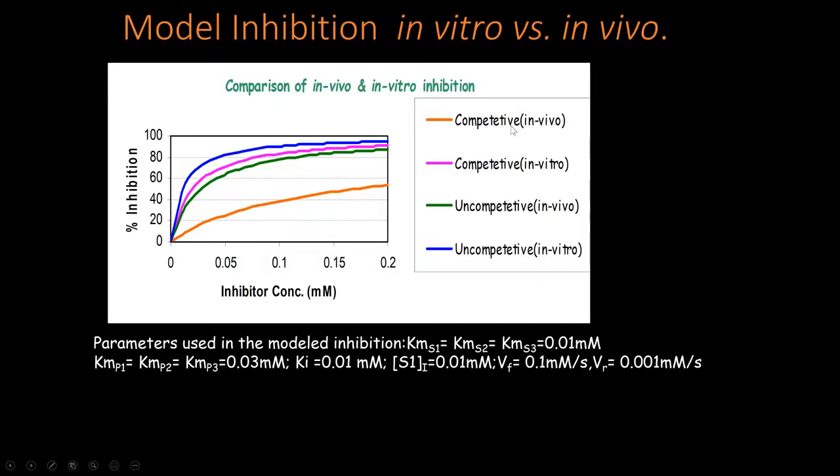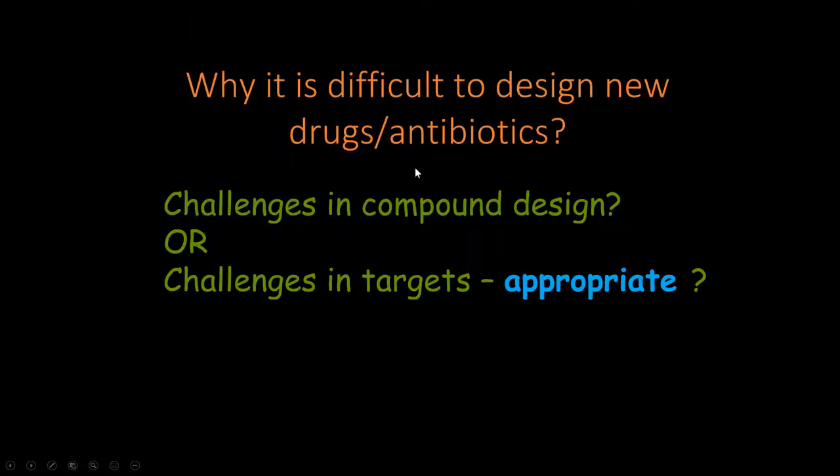Huge failure in drug designing against the main bacterial targets, or even if you think of human disease like metabolic syndromes, is not the chemist's failure, it's not the biologist's failure, it is actually the difference between biochemistry and biology. Now I'll go to the challenge. So if we want to design a drug or something, new drug, antibiotics, etc., where should we go?